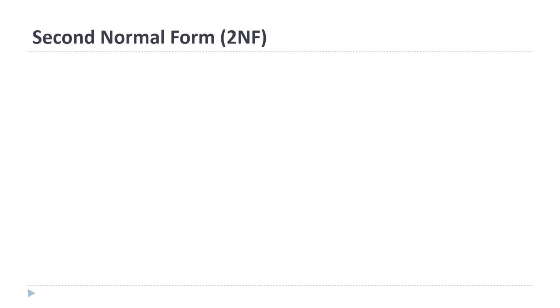Now, let us talk about the following one. Remember what is normalization? We sequentially apply a set of normal forms to make the table, the database design, better. So, second normal form.